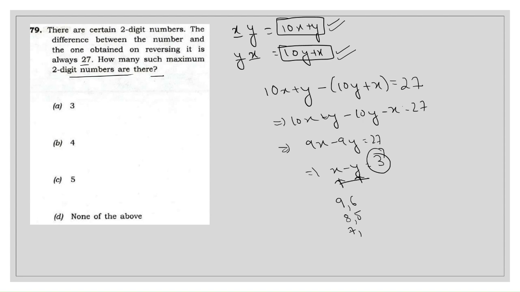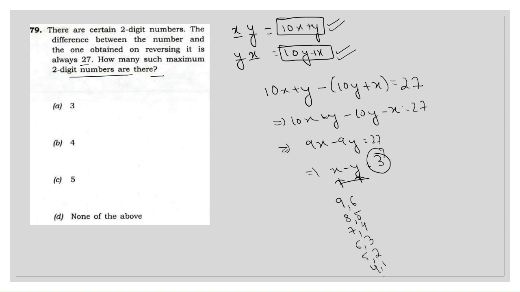If x is 9 then y will be 6. If x is 8 then y will be 5. If x is 7 then y will be 4. If x is 6 then y will be 3. And if it is 5 it will be equal to 2. And if it is 4 it will be equal to 1.